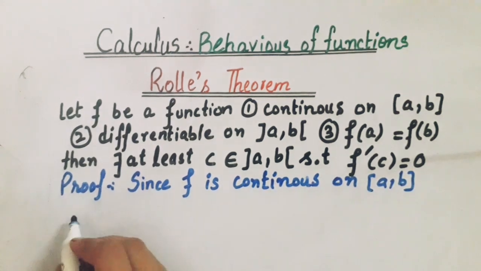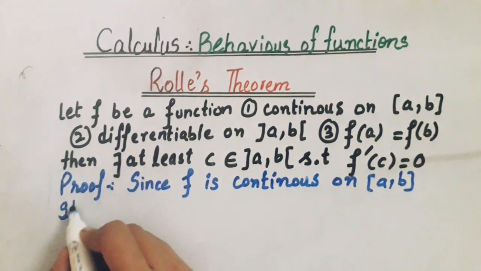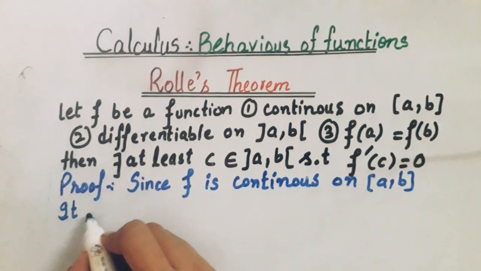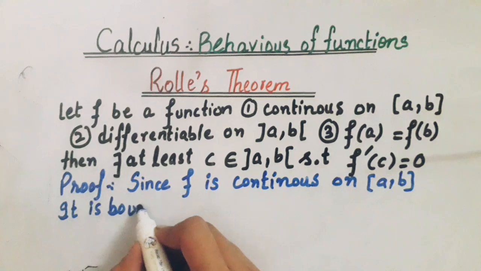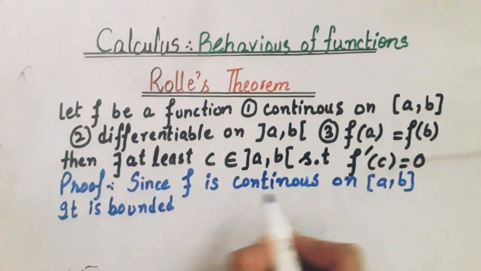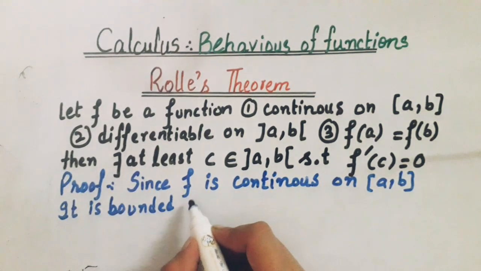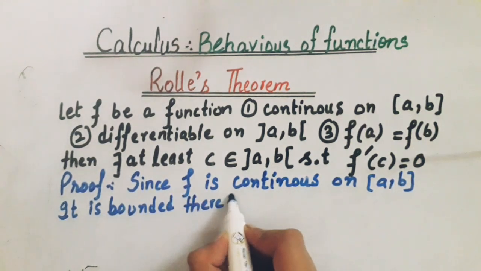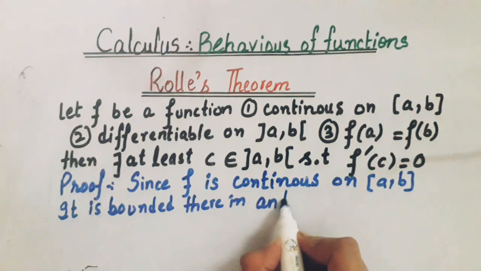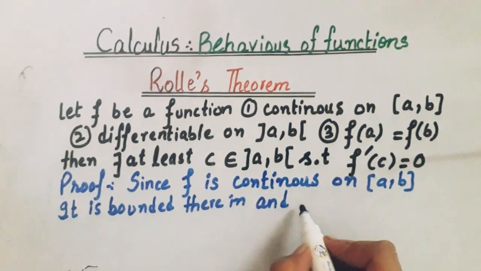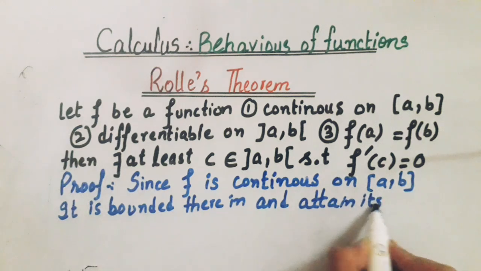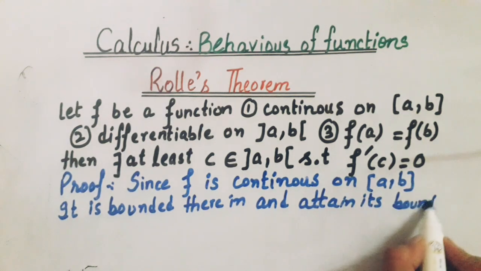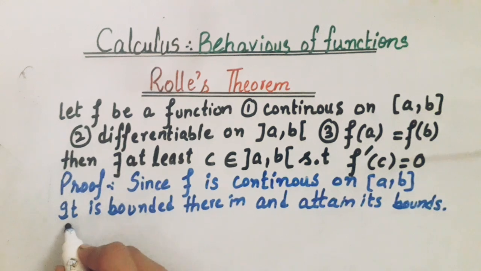Closed interval means it is bounded. Then it is bounded and attains its bounds.